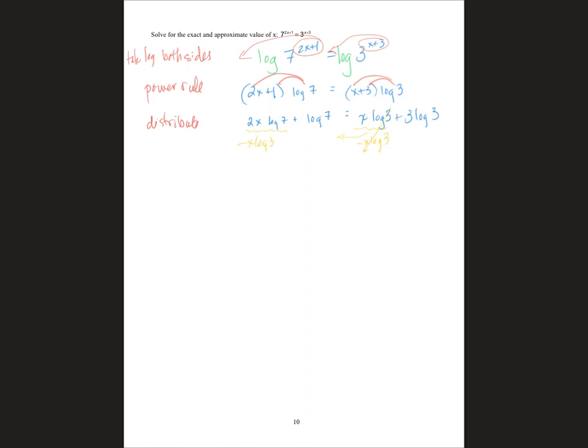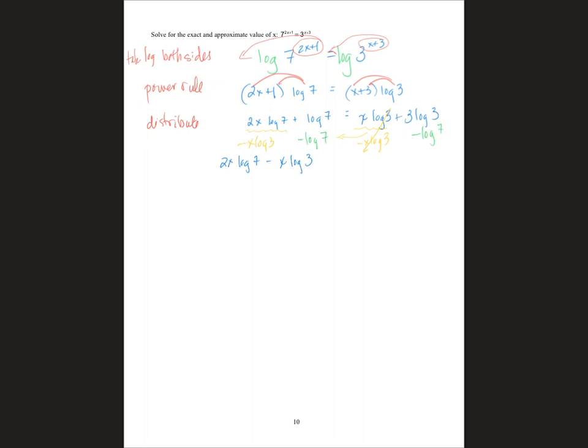So now this is gone. So on the left-hand side, I have 2x times the log of 7 minus x times the log of 3. And I'm going to go ahead and subtract that log of 7 from each side.